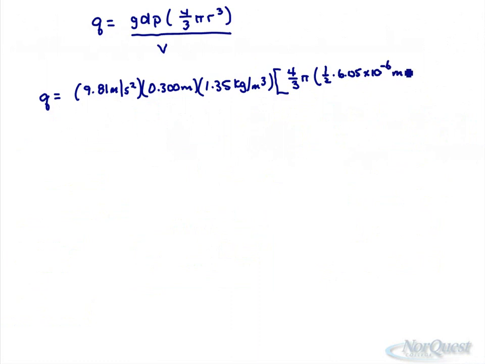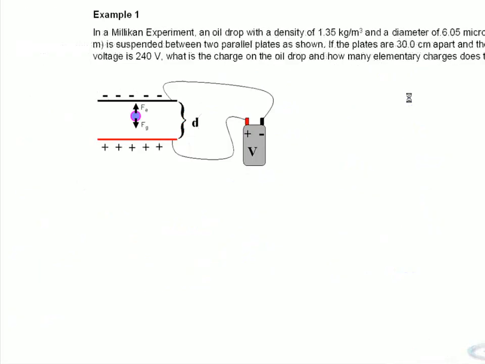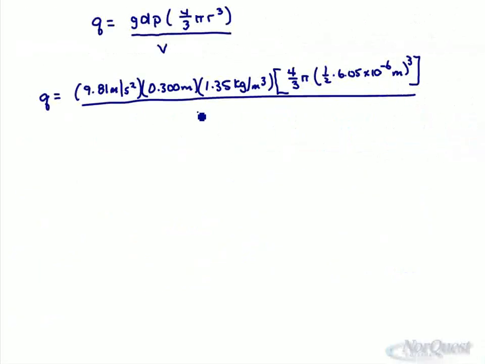Don't forget to cube that number. Divide that by the voltage, which should be 240 volts. And now we just got to be very careful on how we enter this into our calculator.